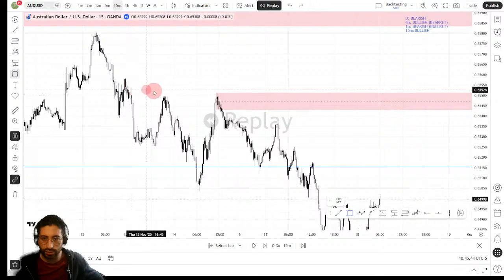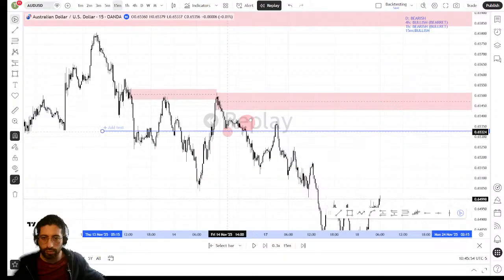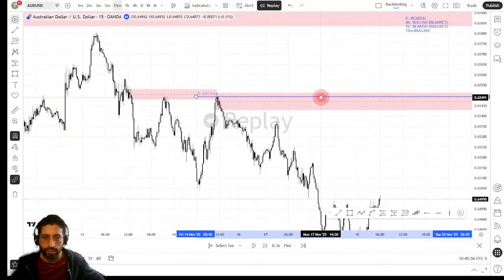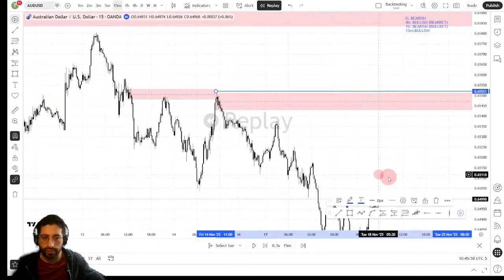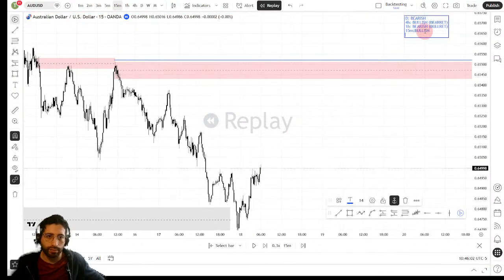I think it's actually reacting on this order block. Here it is, boom. And after this breakage, this will become our strong high. Perfect. In 50 minutes. And now in 50 minutes, we're bearish.